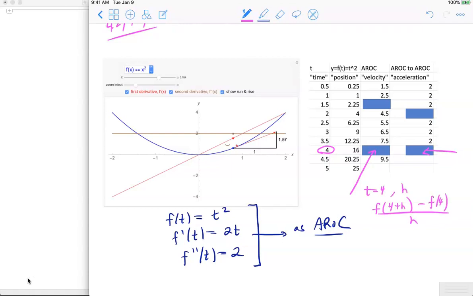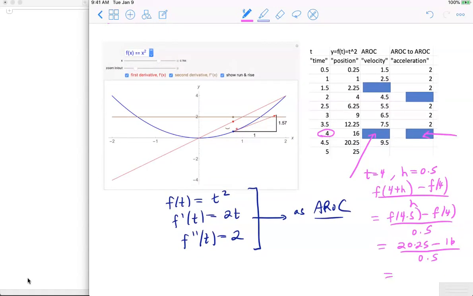In this case, h is equal to 0.5, and we're getting something called the average rate of change. So we would get the function at 4.5 minus the function evaluated at 4, divided by 0.5, and you would get 20.25 minus the function evaluated at 4, which is 16, over 0.5.